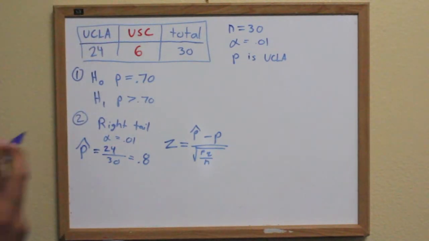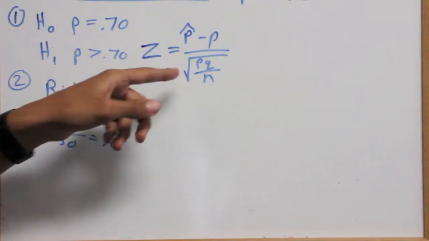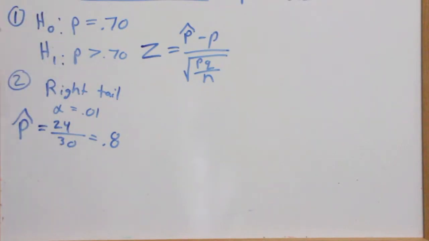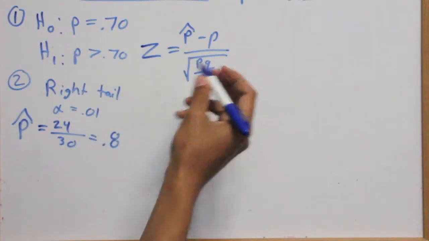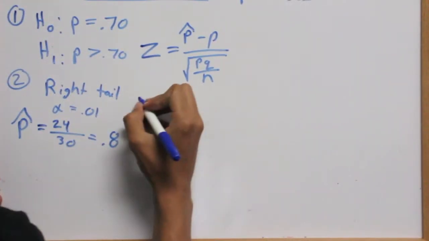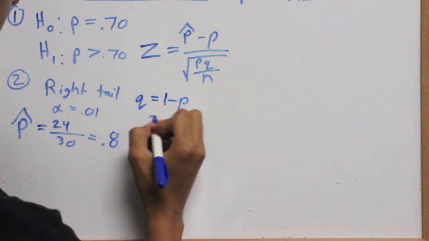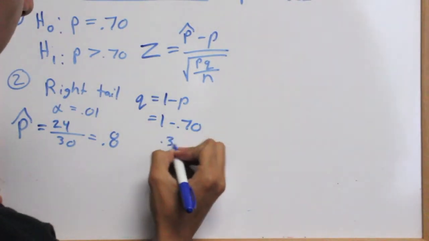Okay, so we found P hat, and now we need to find P and Q. P is the null, so it's going to be 0.7. And Q is 1 minus P, so we'll write that right here: Q equals 1 minus P, and 1 minus P is just 0.3.